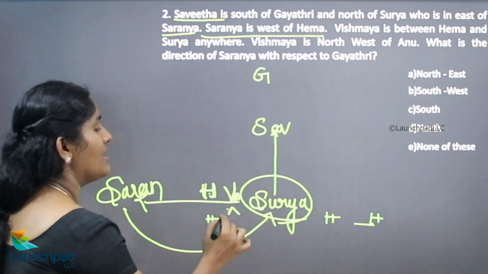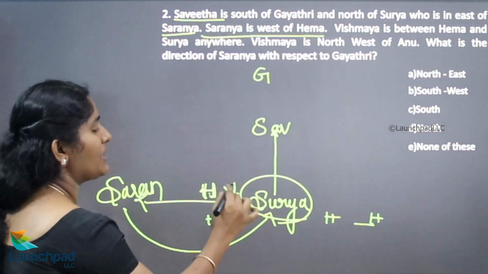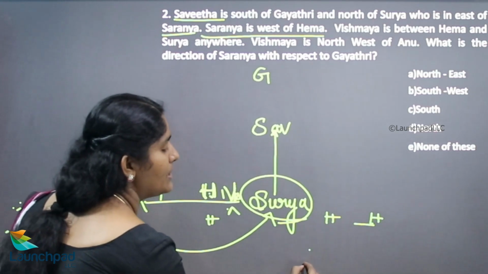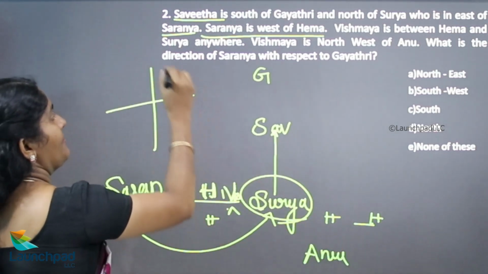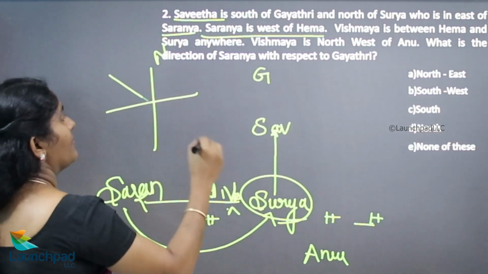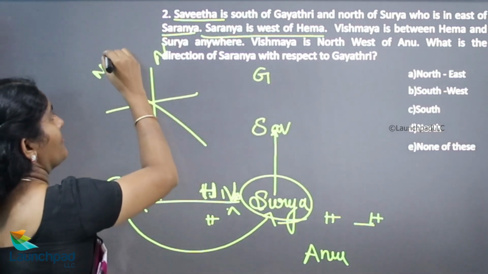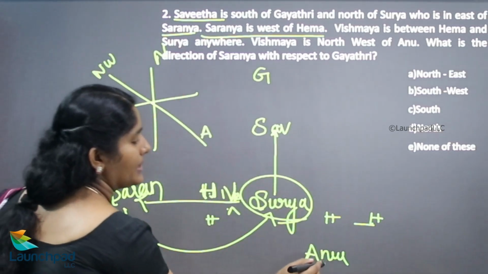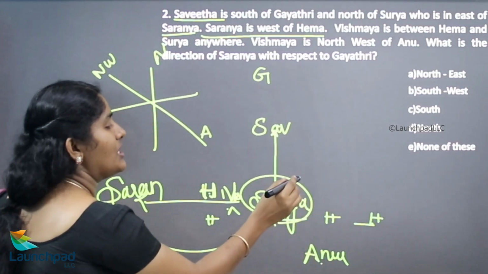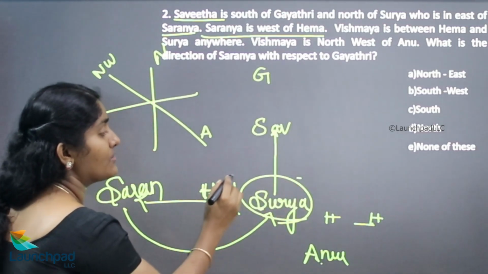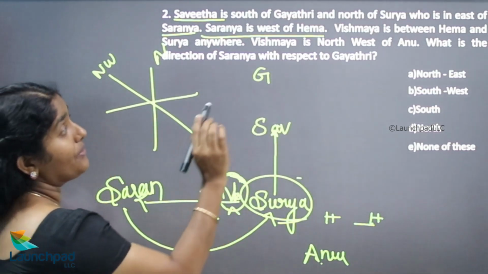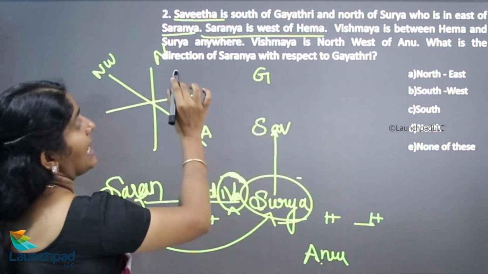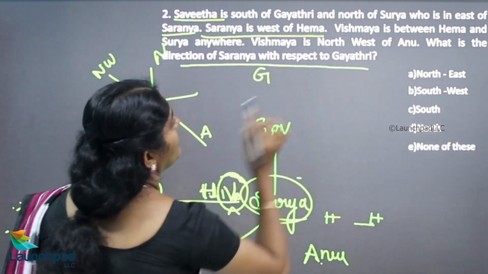Vishmaya is here. Northwest, this direction becomes northwest, so Anu will be here, upward direction a little bit to the left-hand side, that is northwest.